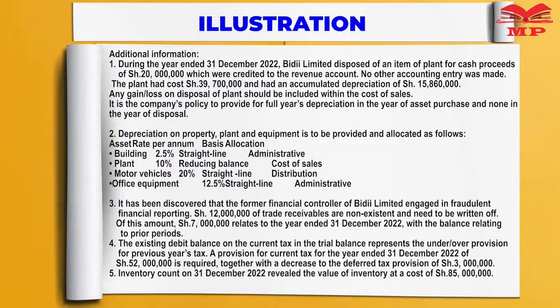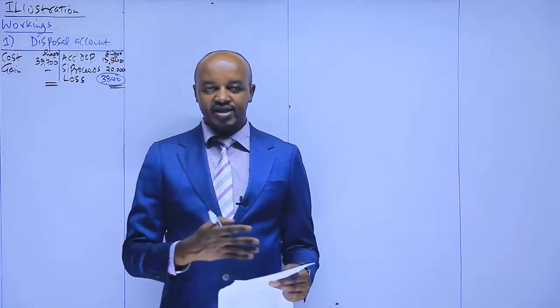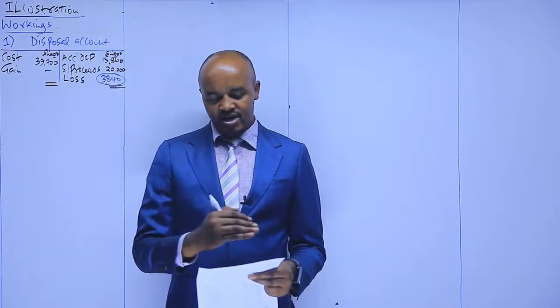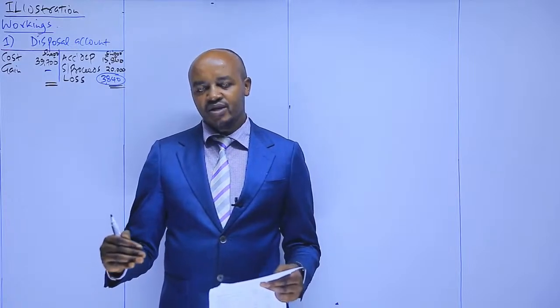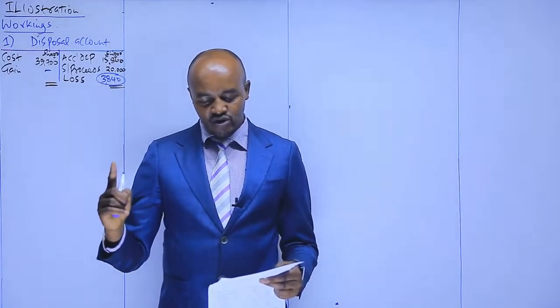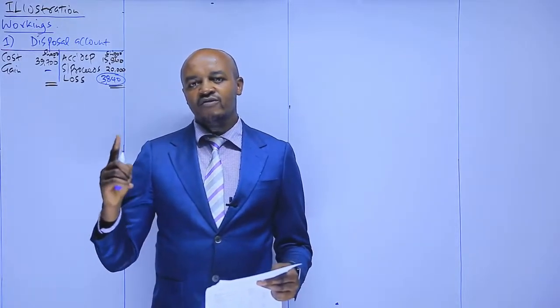And you're told it is a policy. It is the company's policy to provide a full year depreciation in the year of asset purchase and none in the year of disposal. It basically means that whenever the company has acquired an asset in a certain year, even if the asset is acquired a few months before the end of the year, the company provides a full year depreciation, but no depreciation is provided in the year of disposal.